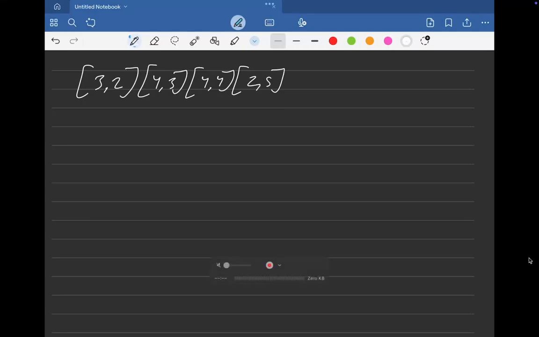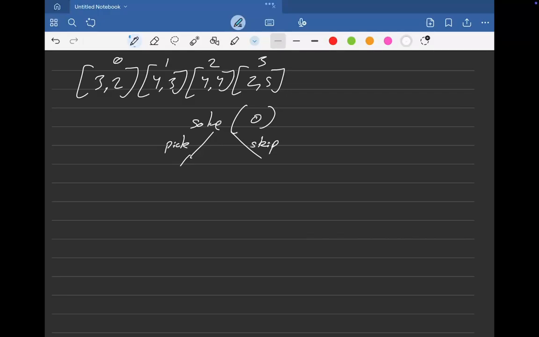So I have taken the first example and let me build a recursive function. I am on position 0. First, I will pick this question or I will skip it. If I pick this question, I will get 3 points, and currently I am on index 0.